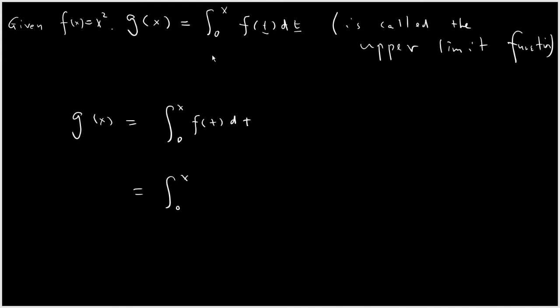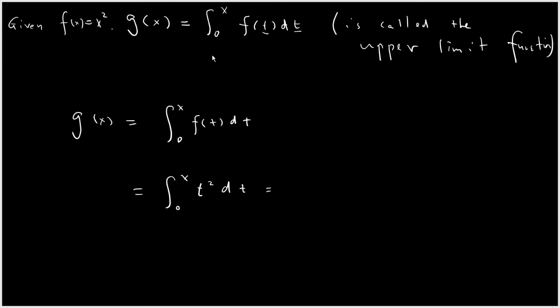Again, f of x is x squared, so f of t is actually t squared, dt. To evaluate the integral, we use FTC. Actually, it's possible to use the definition, the limit of the Riemann sum, to evaluate the integral, but to get the answer more easily, I'm going to use FTC.